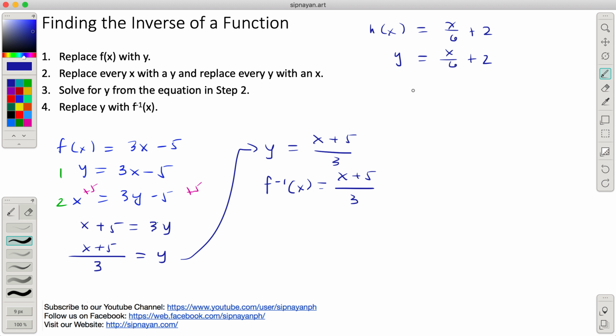And then, sunod is lahat ng x papalitan natin ng y at lahat ng y papalitan natin ng x. So magiging x is equal to y over 6 plus 2. And then, we multiply both sides by 6 para matanggal tong fraction na to.